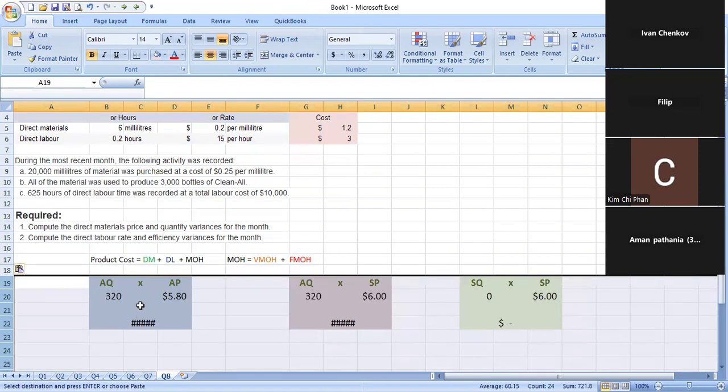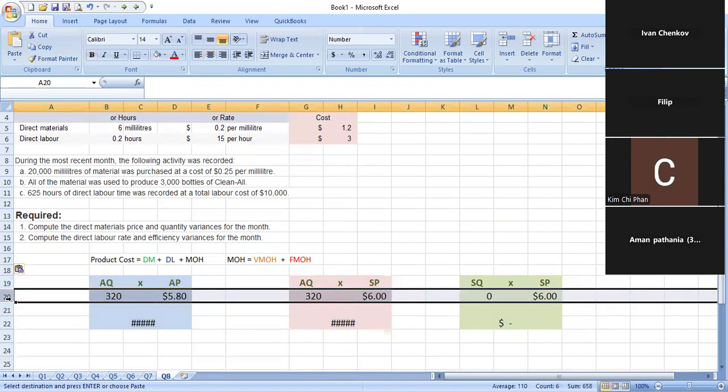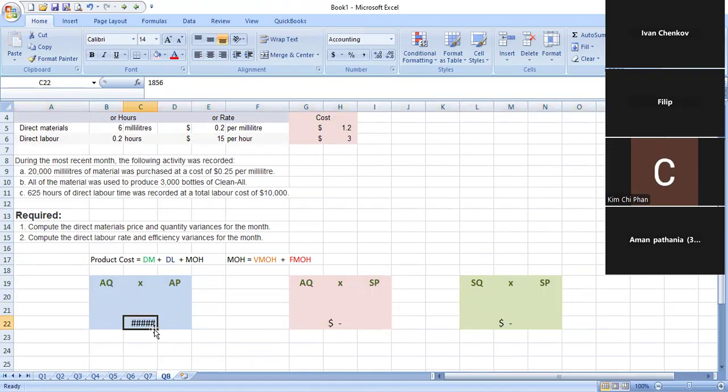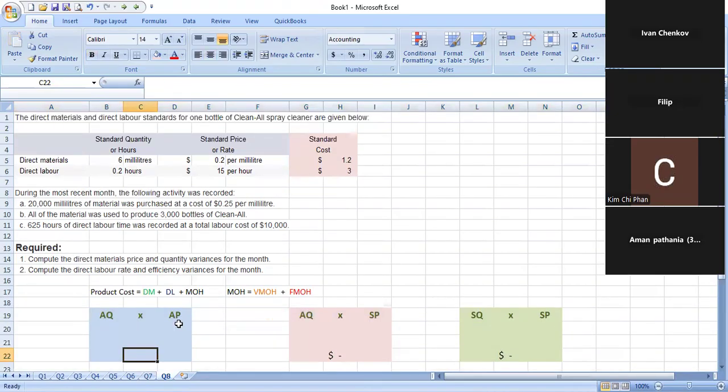Paste it, okay. So I don't need this one for now, and I don't need this. So let's start working with our case. During the most recent month, the following activity was recorded. 20,000 milliliters of material purchased at a cost of 0.5. All the material was used to produce 3,000 bottles.